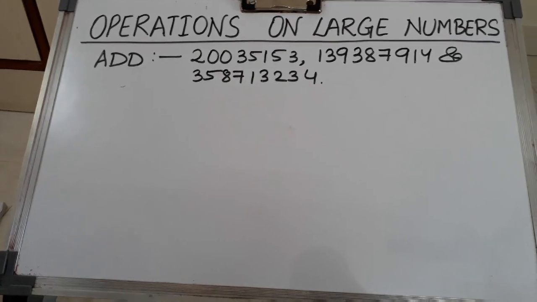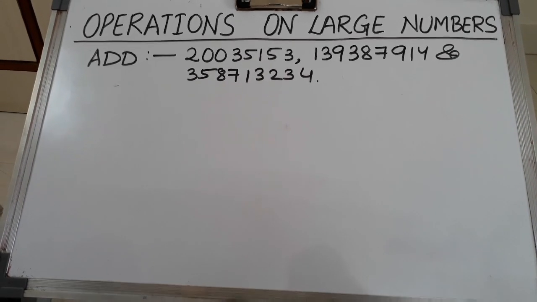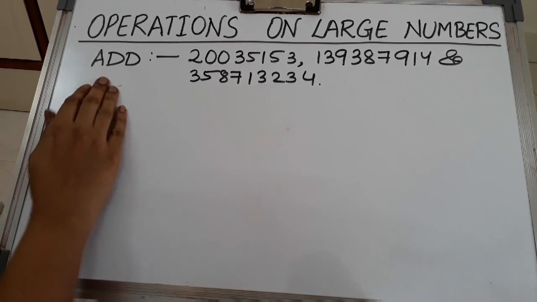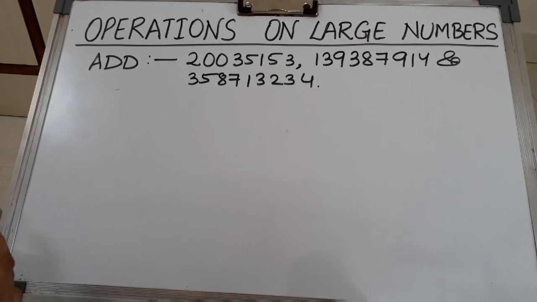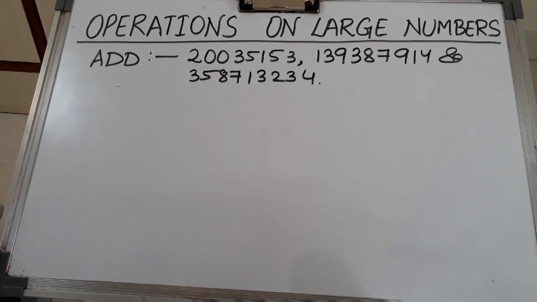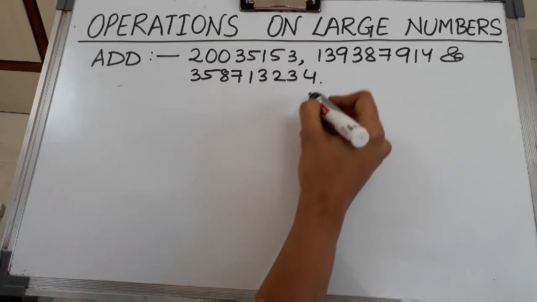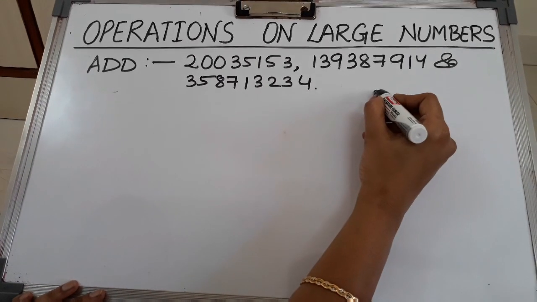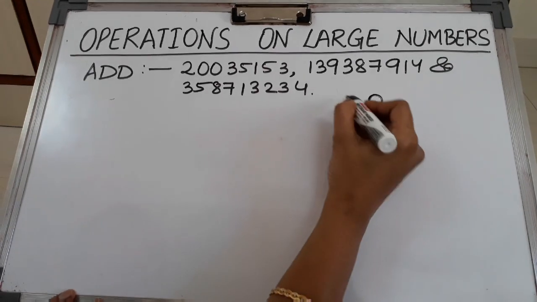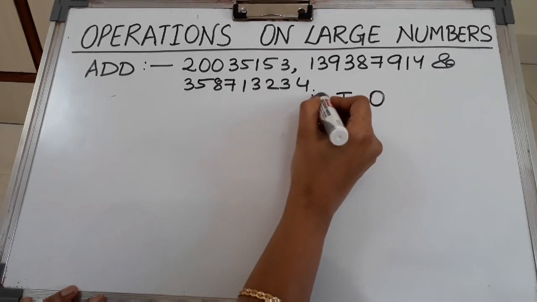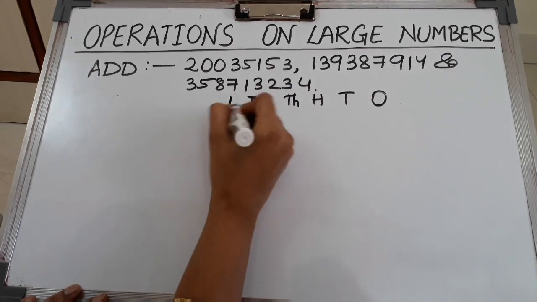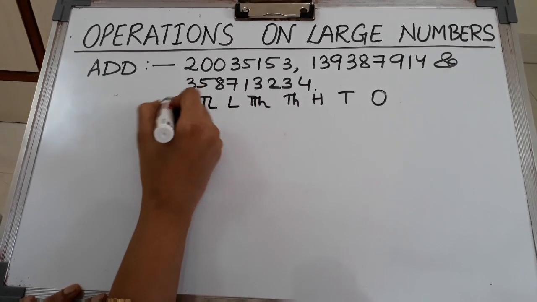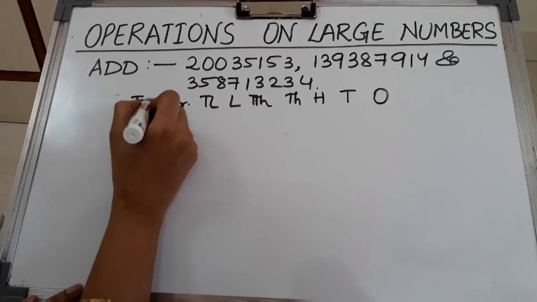First let's start with the addition sums. Suppose this is the question here: add these numbers. How do we have to solve this question? First of all, it is very important to note that we write our place value system, as I discussed in my earlier video: ones, tens, hundreds, thousands, 10,000, lakh, 10 lakhs, crores and 10 crores.